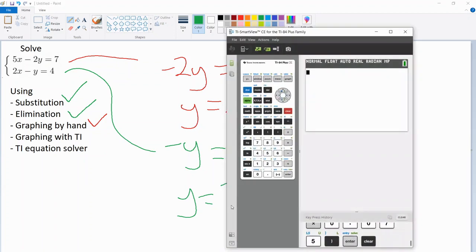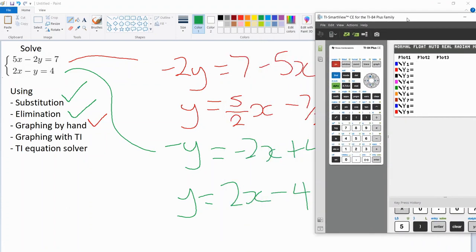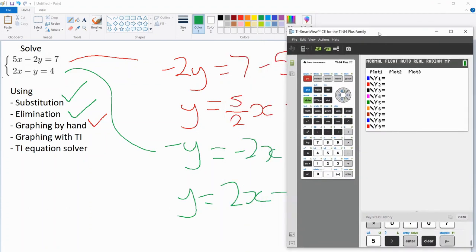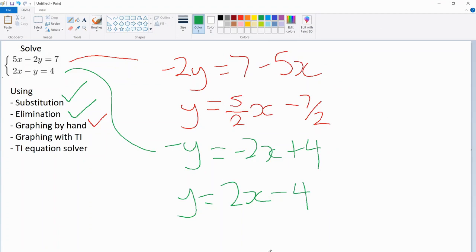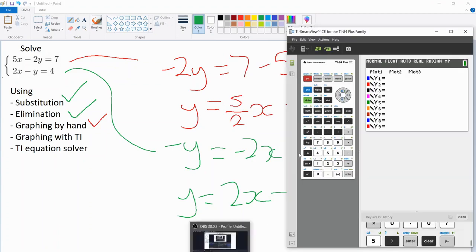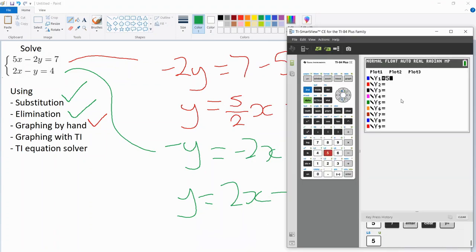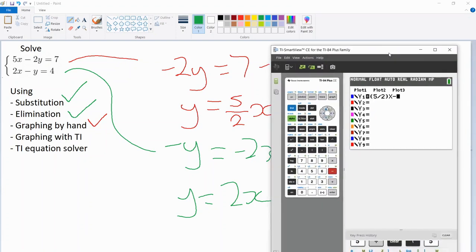So go to your TI, go to y equals, let's just make sure we can see them. First one, 5 on 2. Could put in brackets. Could write it as a decimal. 5 on 2x minus 7 on 2.